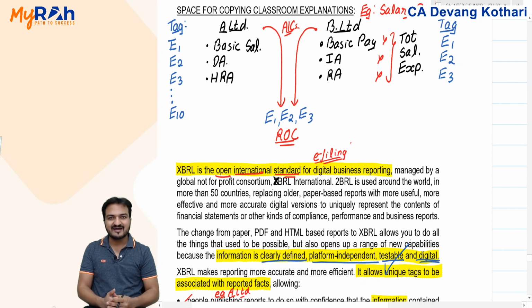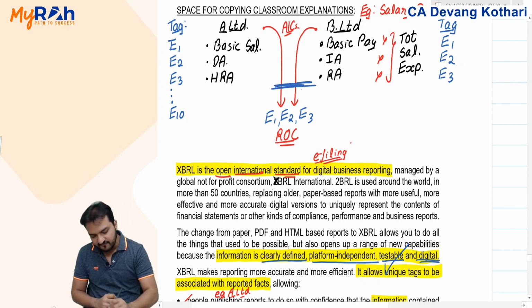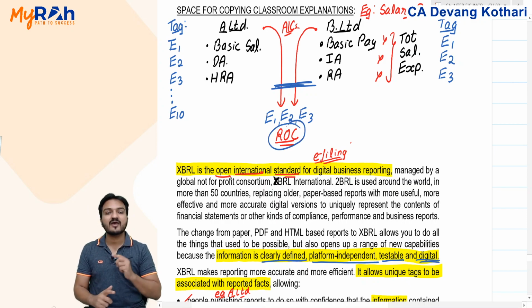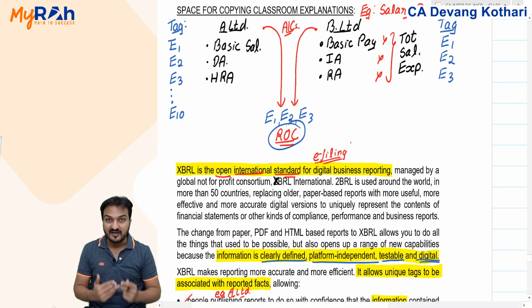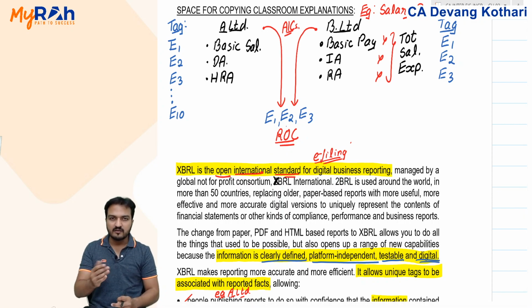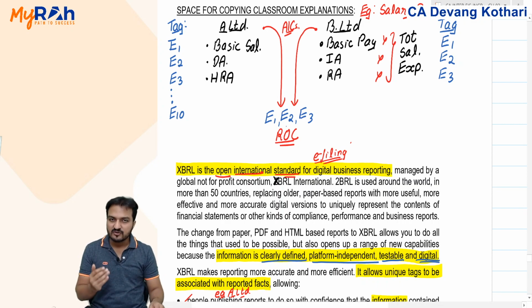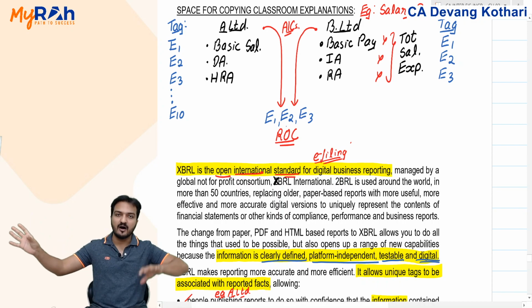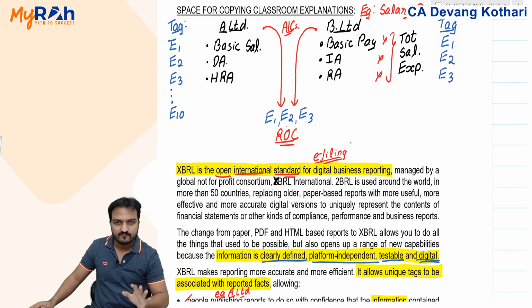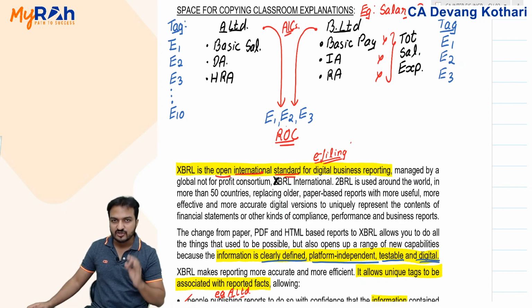Testable means that at the time of filing the data itself, the ROC server can automatically test whether you are filing in a correct format or not. If you have made any mistake in the filing, then the server will immediately reject it. Look, it does not mean that once I do the filing, there will be a person at ROC who will check my data and then tell me whether it is correct or not. No, there is no human intervention involved.